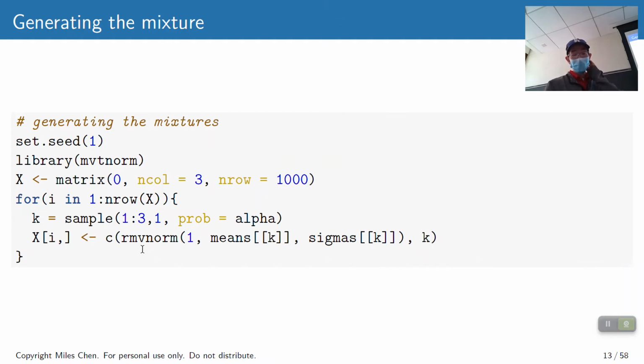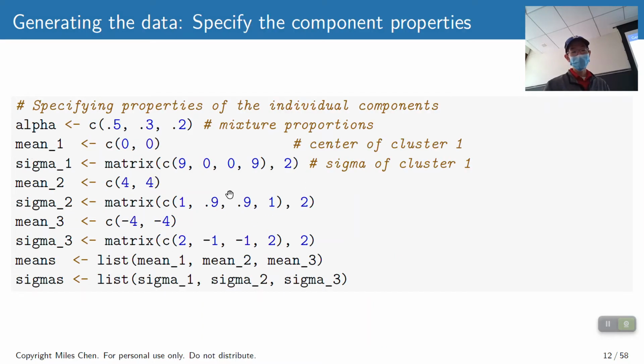Then to generate the data, I'm going to use multivariate normal, and I want 1,000 points. First, sample a value 1 through 3 using the probability vector alpha: generate 1 with probability 0.5, 2 with probability 0.3, and 3 with probability 0.2.